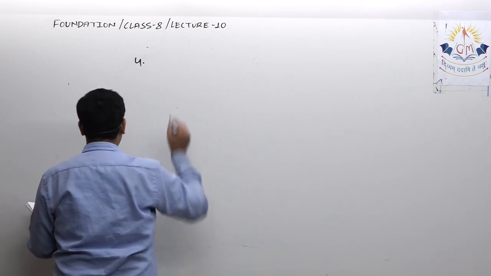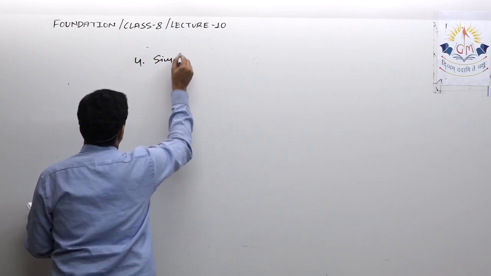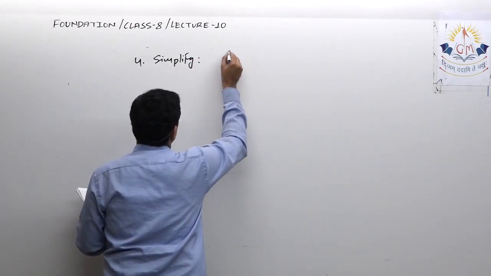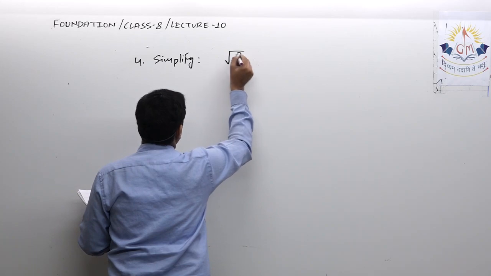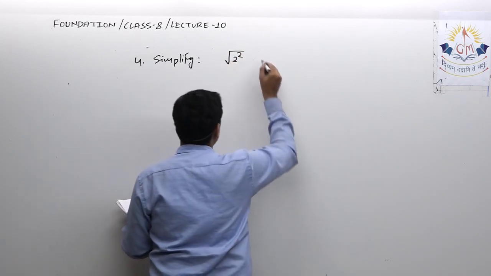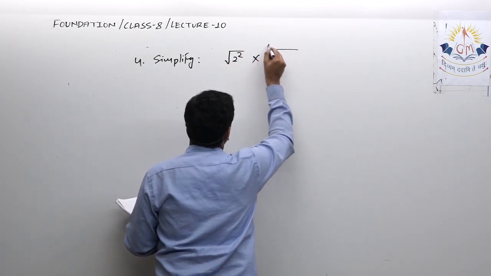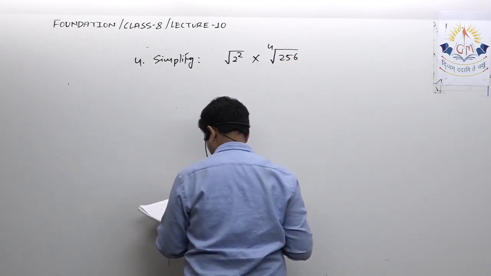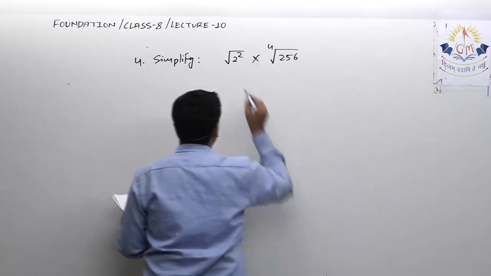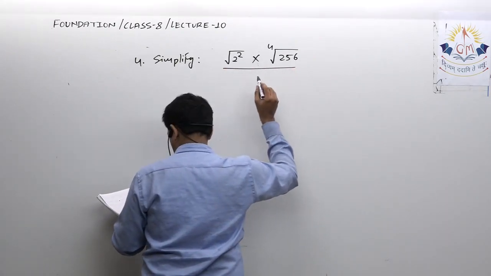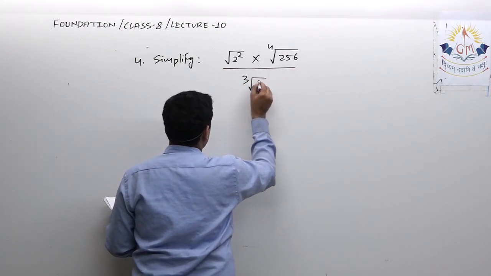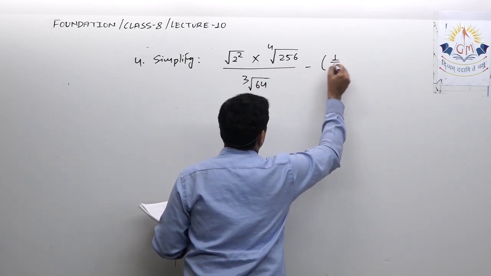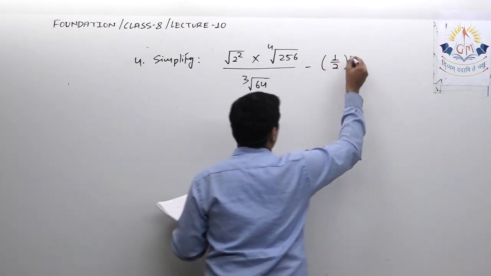Again you have to simplify. 2 square root 2, fourth root of 256 upon cube root of 64, minus (1 by 2) raised to minus 2.